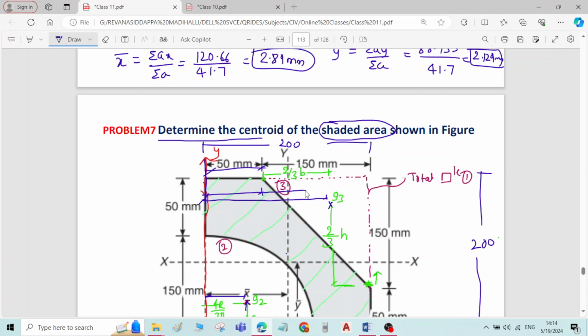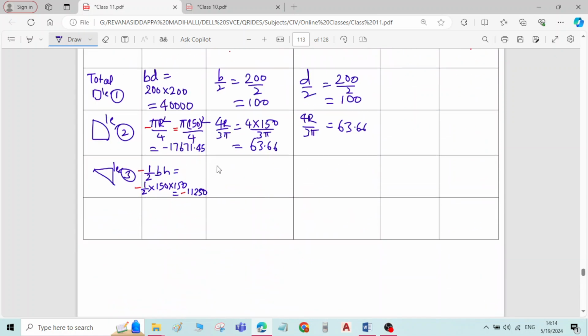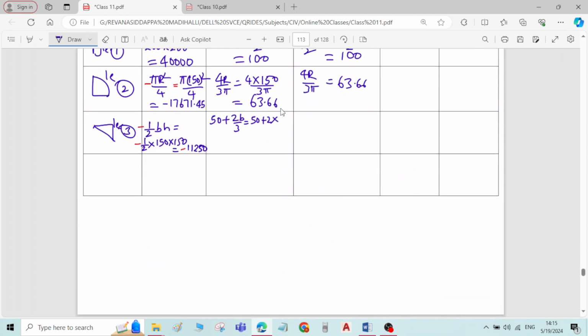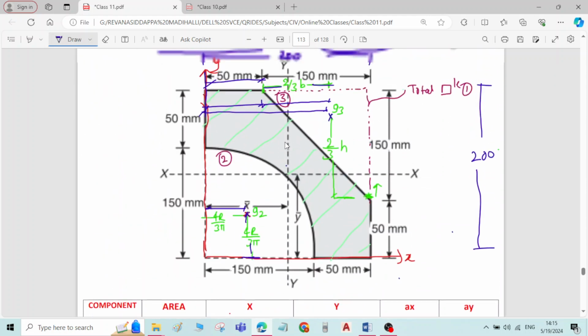So it is 50 plus 2b by 3, which is 50 plus 2 into 150 by 3. The answer is 150 mm.